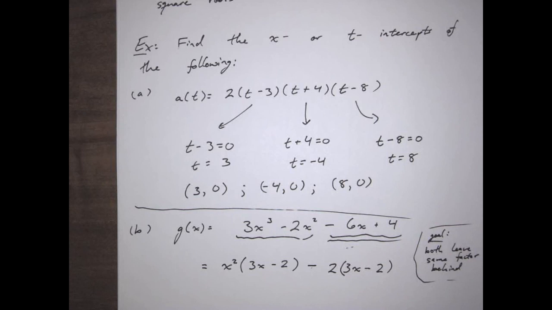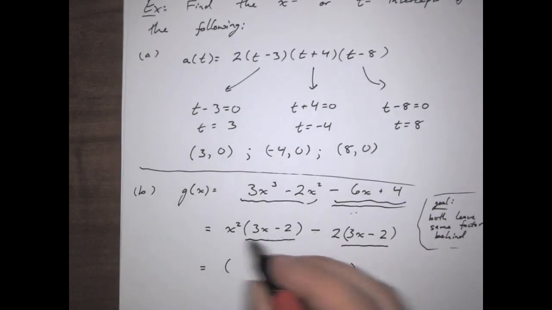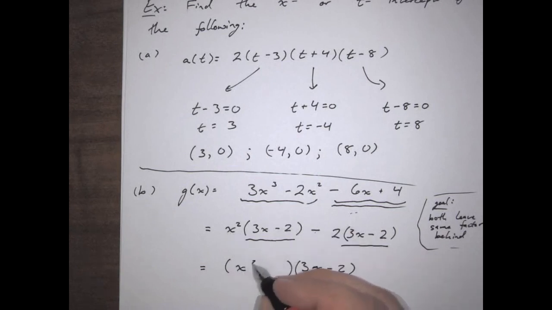And the reason for that is that what we end up with right here is going to be the same as what we ended up with right here. So this should match this. And if it does match that, then what you do is you put that off to the side, minus 2, and then you basically factor out that common factor, and then what's left here is an x squared minus 2.